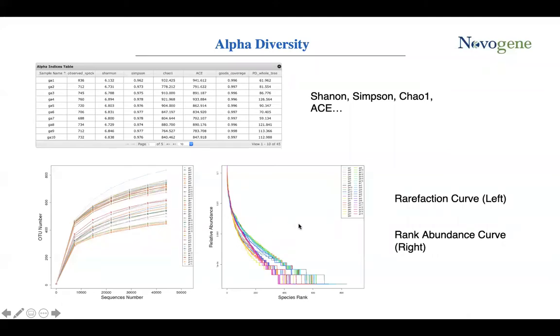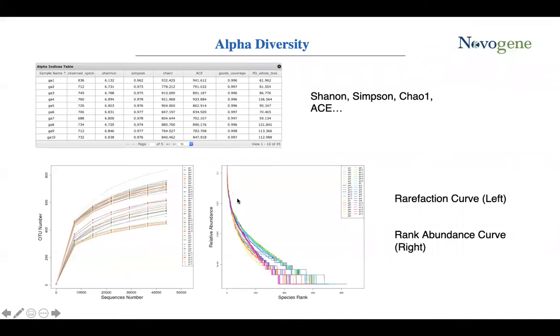To the right, this rank abundance curve sorts the OTUs in the sample by relative abundance from the largest to the smallest to get the corresponding sorting number. And then we use this OTU sorting number as the x-axis, and the relative abundance of the OTU will be the y-axis.